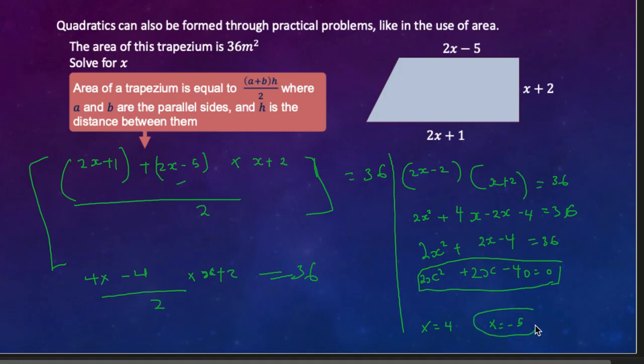But because we are talking about length, it cannot be negative, so you can write it, but you ignore it in case you have another part where you're supposed to use the answer you got in this part A. You can't use a negative length, but for purposes of the exam you write both of them because this is the correct working.